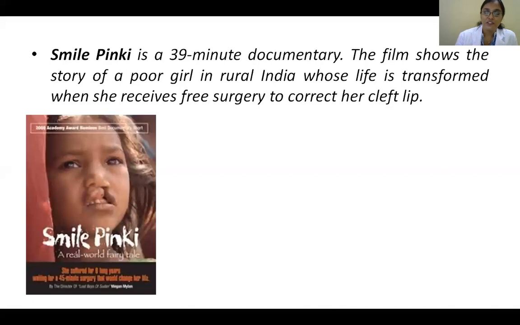The primitive palate comes from the intermaxillary segment, whereas the secondary palate is formed by the horizontal shelves, or the palatine processes of the maxillary bone. So this is about the face and palate development. You have to draw the development of the face and the palate and write down the anomalies related to it. I hope you have understood this.